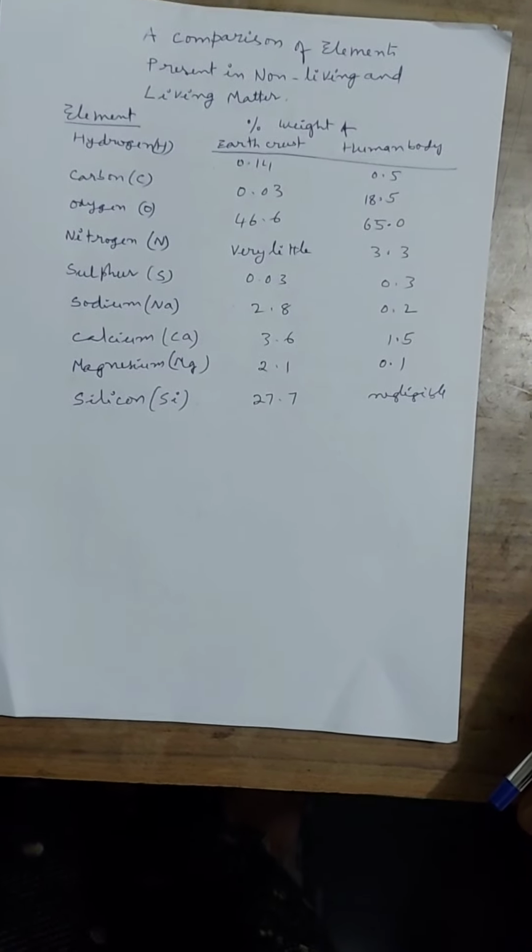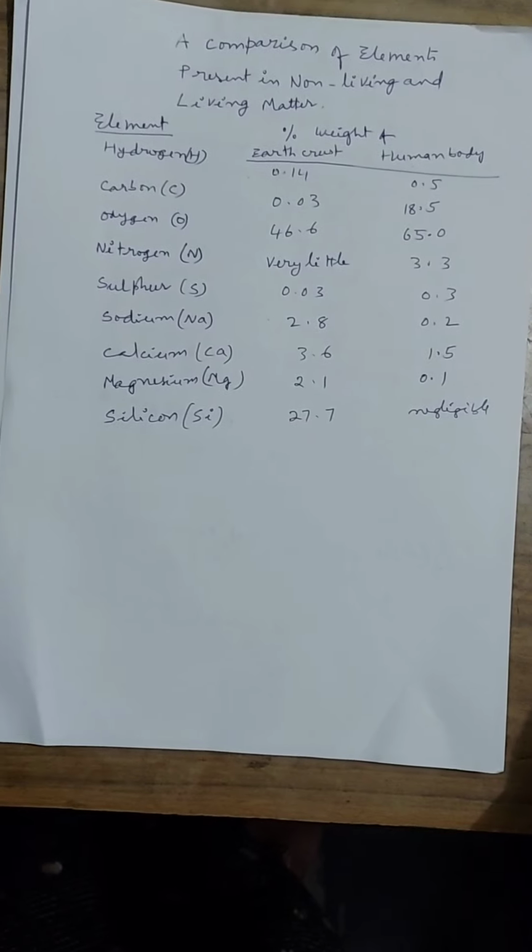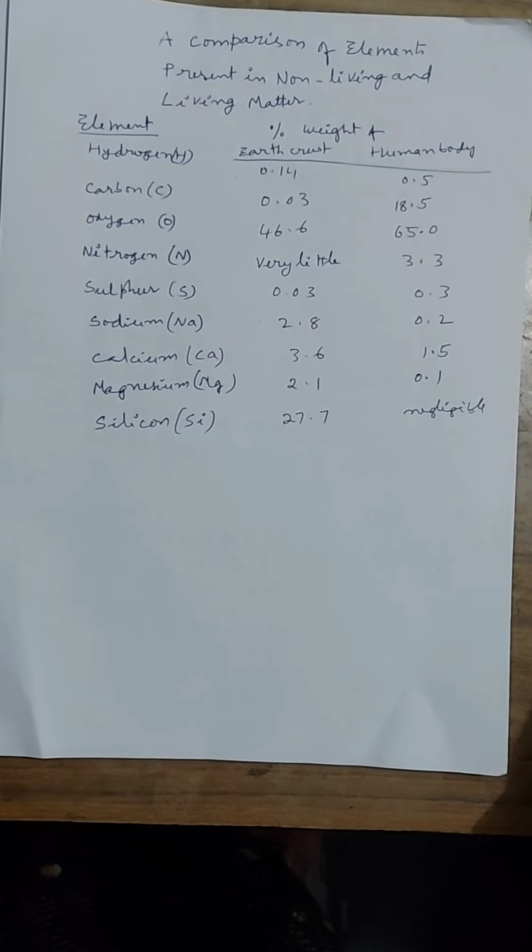All are more in the human body except sodium, calcium, magnesium, and silicon. Silicon is more in the crust.